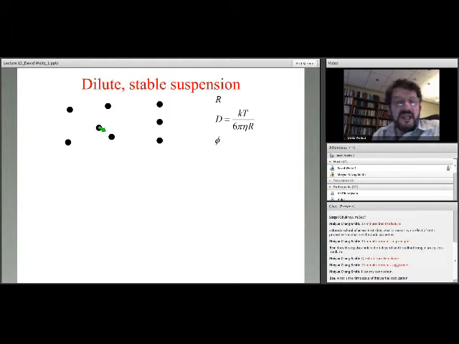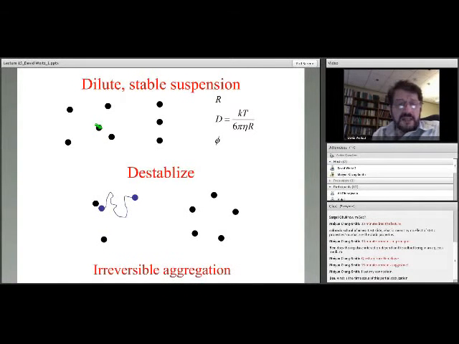That's shown here. This particle might diffuse around, and then the question is, what happens at this point? If they're stable, they bounce, they don't stick to one another, and they just continue on their paths and diffuse away. If they're unstable, then there's some probability that these particles will actually stick to one another, and that's given by this destabilization factor.